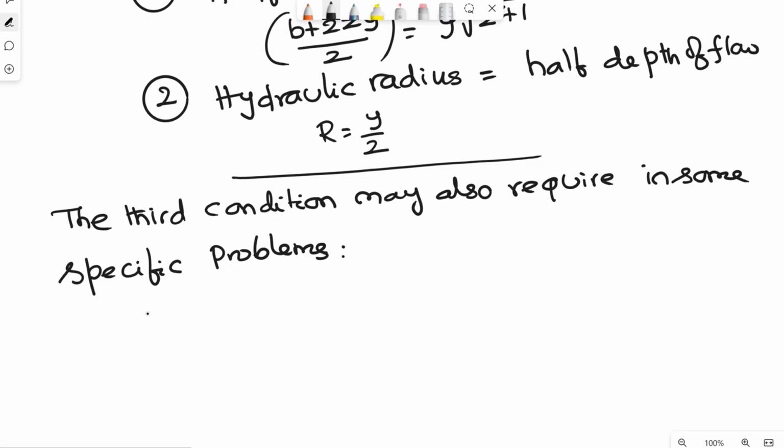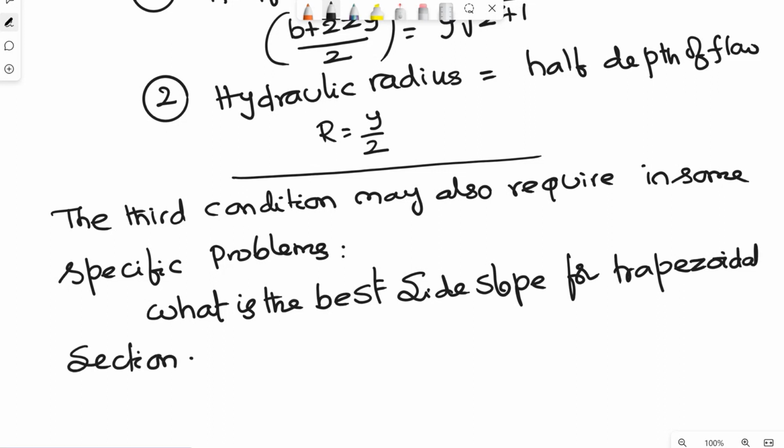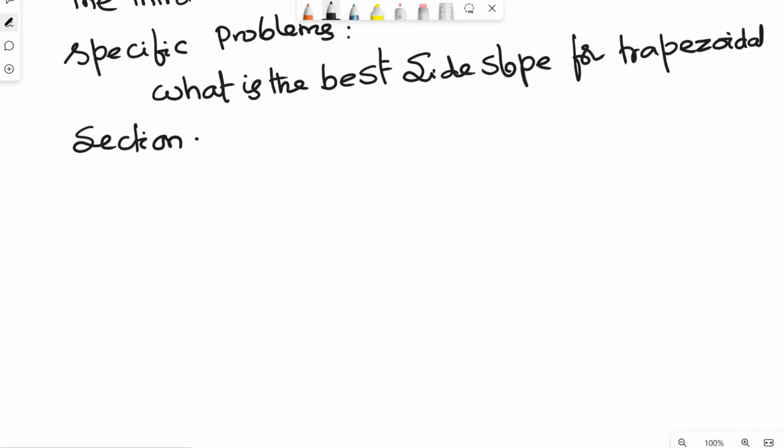What is that? What is the best side slope for trapezoidal section? The best side slope for trapezoidal channel section.